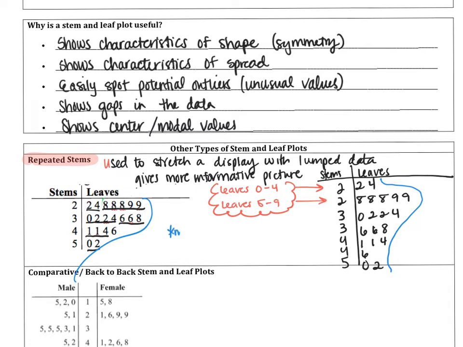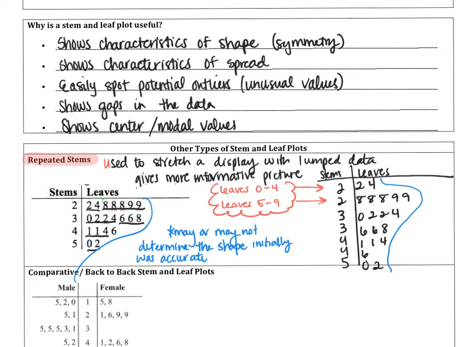So we may or may not determine the shape initially that we thought was accurate. It can give us a clear picture. Our data was definitely skewed here, but now it's clear that it's not as trailing as we may have thought it was. But we do have a little bit of gapping here.